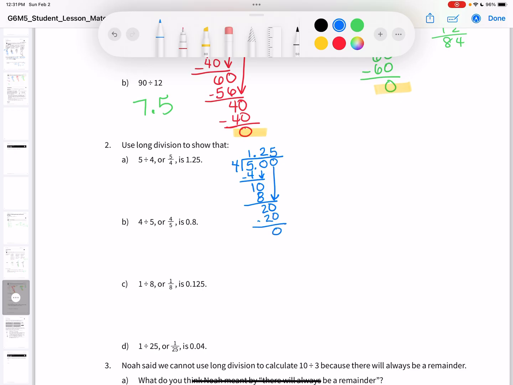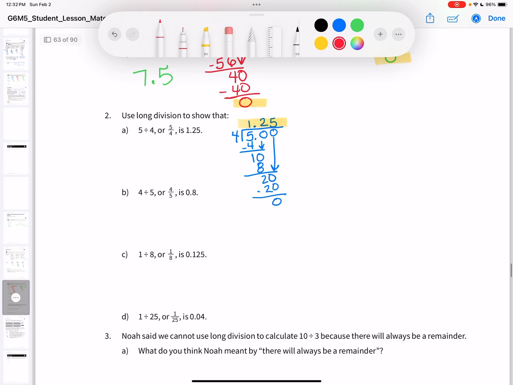And that leaves us with 0. So we can see here that 5 divided by 4 is 1 and 25 hundredths. Okay? Let's go to the next one. The next one says 4 divided by 5, or 4/5, is 8/10. All right, so let's look.